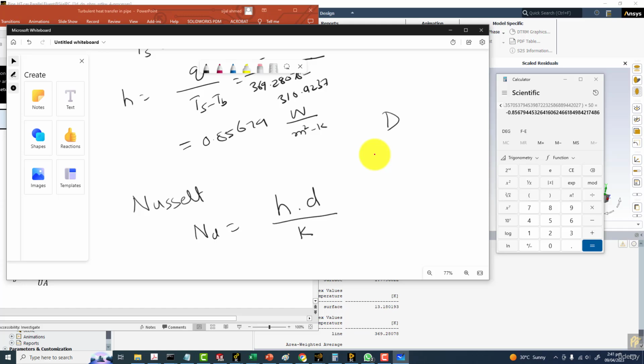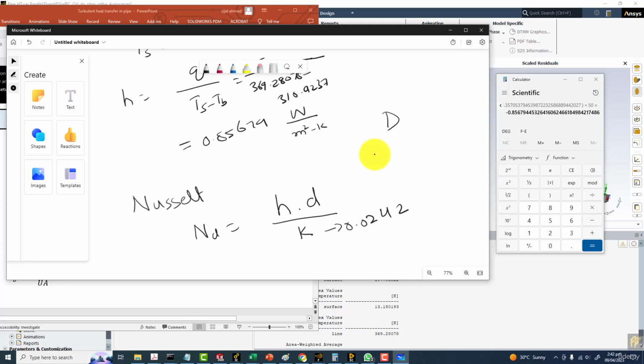This is the thermal conductivity of the fluid, not the material of the pipe. This is the thermal conductivity of the working fluid, that is the air. And for air, this is 0.0242, with units of watts per meter Kelvin.